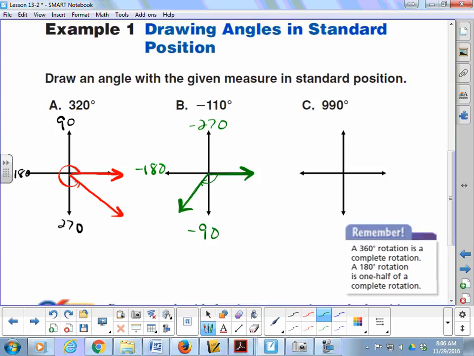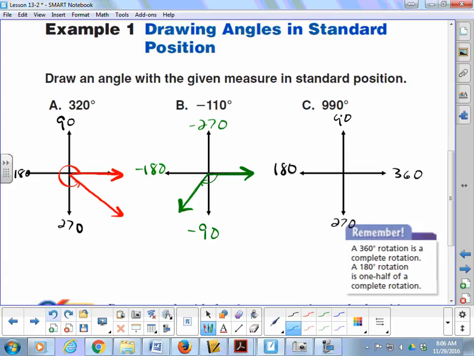Now this third one, 990 degrees. All right. Well, we know here's 90 because we're positive, 180, 270 down here. Okay, so this would be 360. All right. Well, then we'd have to keep going, right, to get to 990.